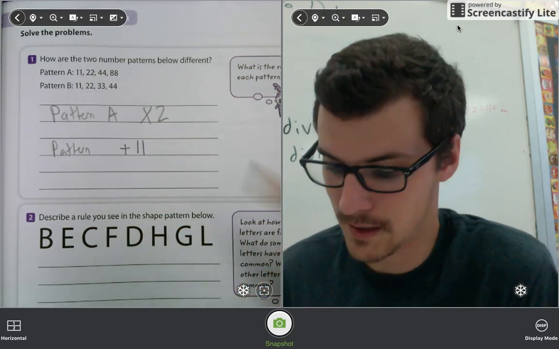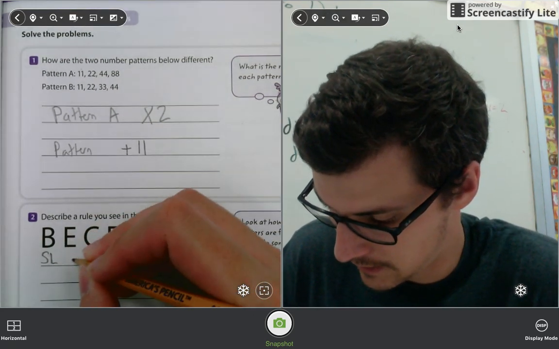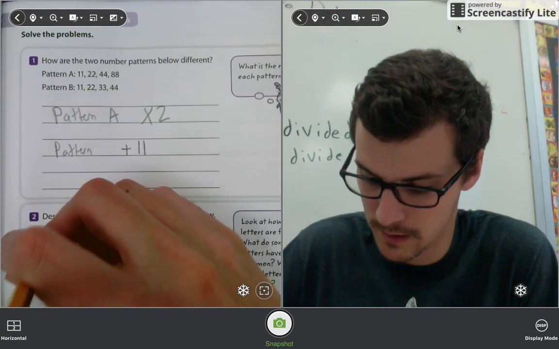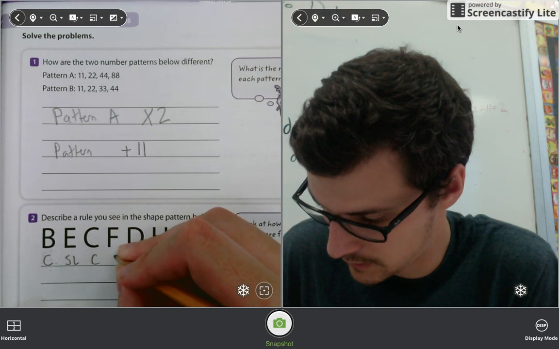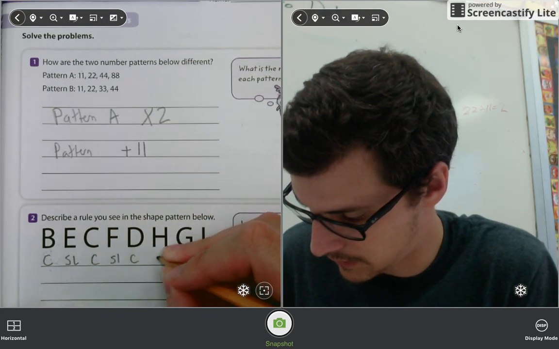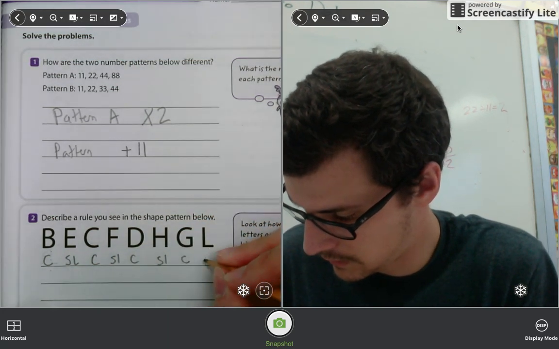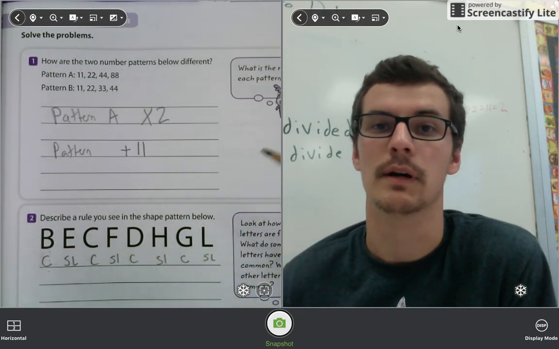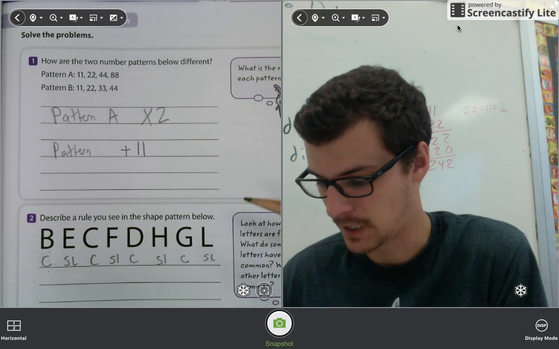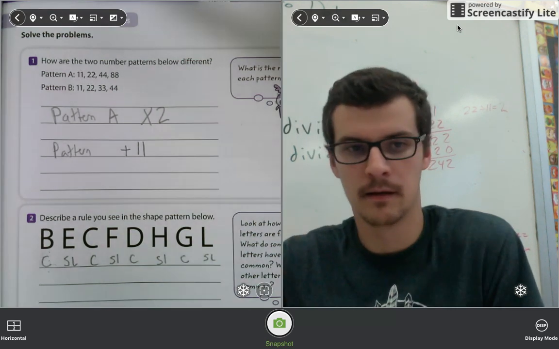F, straight lines. So I'm going to say straight line, curve, straight line, curve, straight line, curve, straight line, curve. So it's not that the whole thing is a curve, it's just that it has a curve somewhere in it. I think that's the best way to describe that.